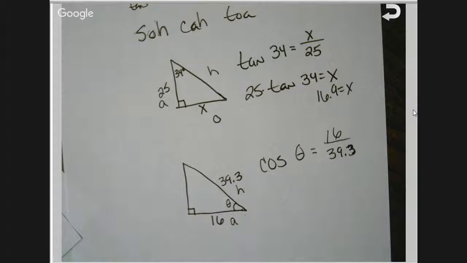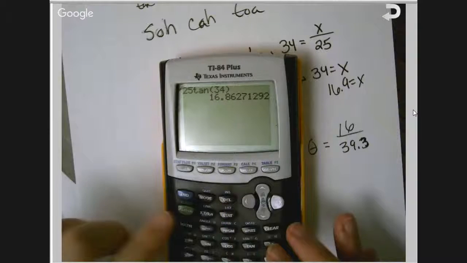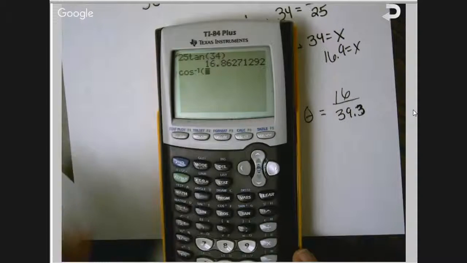We usually know that you have to always do the opposite operation to be able to get it loose. Well, cosine of theta is a unit, right? It's not just cosine times theta. So to undo cosine of theta, you have to do the inverse of cosine. That means on your calculator, still stay in degree mode because you need to find the degrees, you're going to hit second cosine, and it does that to the power negative 1.